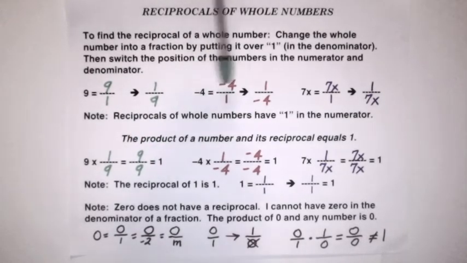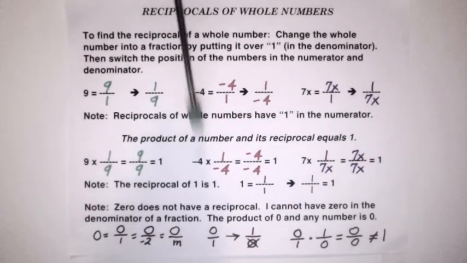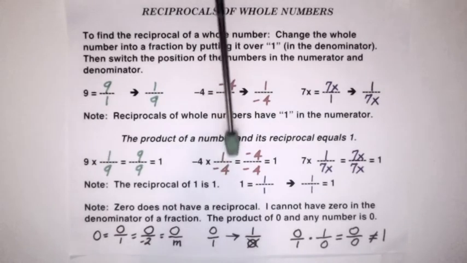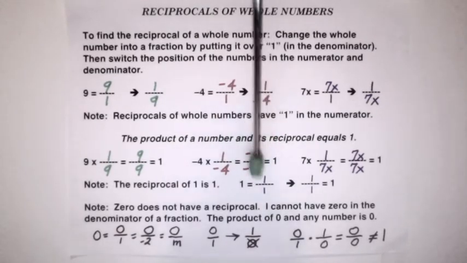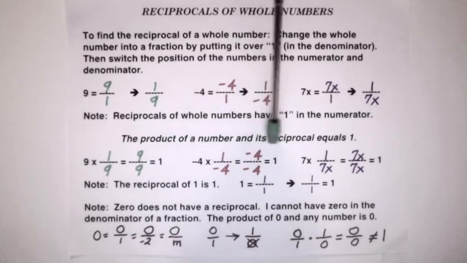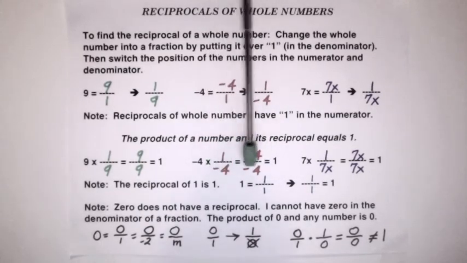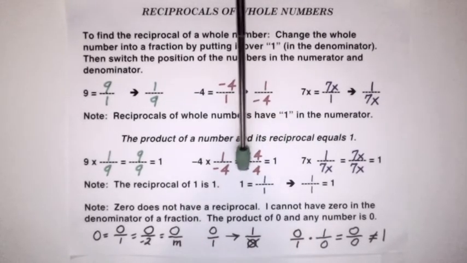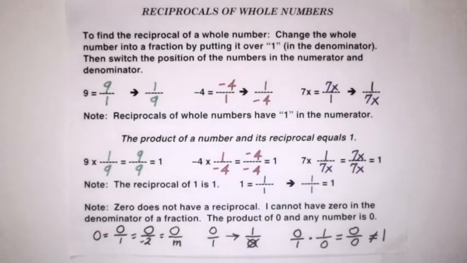Let's look at this example. -4 times its reciprocal 1 over -4 equals -4 times 1 is -4, over -4, which equals 1. 4 over 4 equals 1. Negative divided by negative equals positive. The product of a number and its reciprocal does not equal -1. It always equals positive 1.